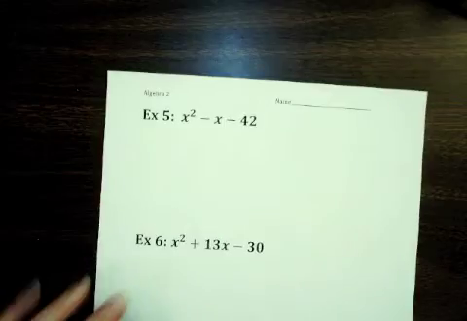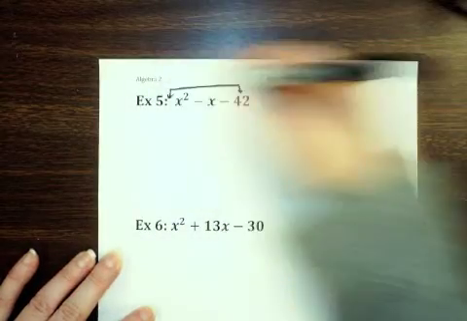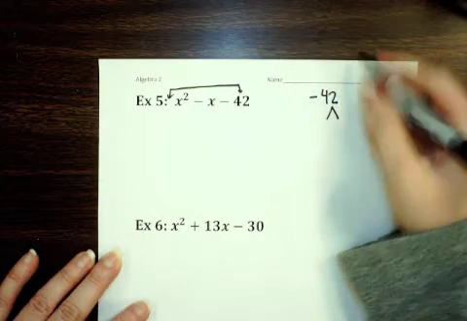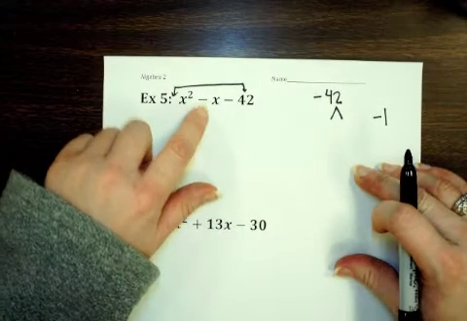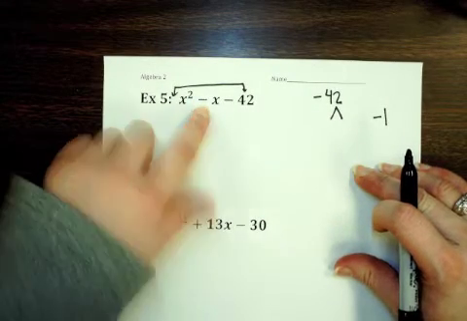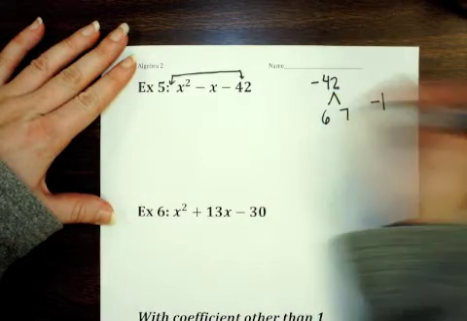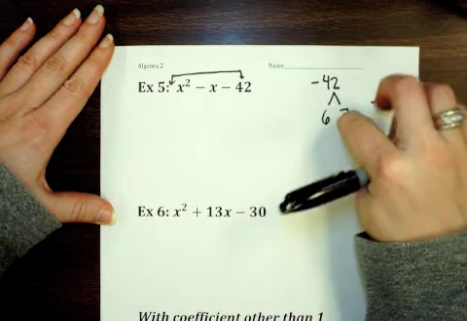Example 5, you say what multiplies to give me negative 42 but adds to give me negative 1. Be careful, that is a coefficient of negative 1. Again, signs are going to be different. So I got 6 and 7 being the ones that are close enough to make 1.